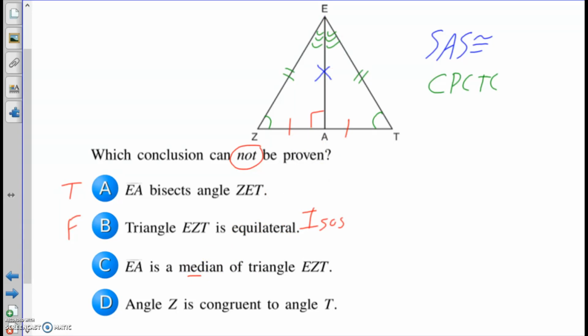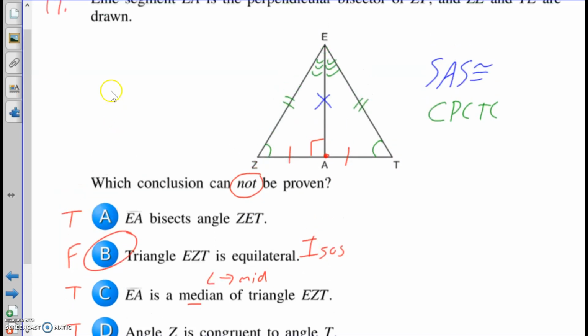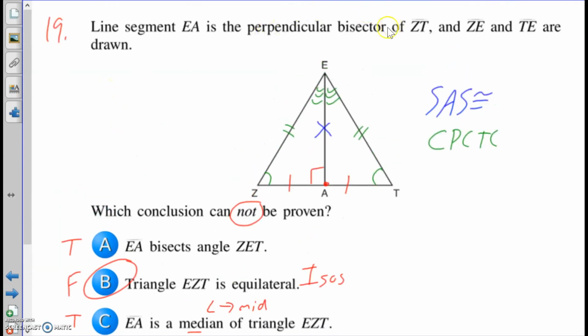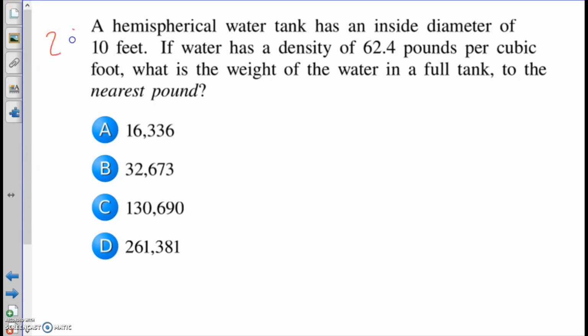Medians go from angle to midpoint, and this is going from an angle to a midpoint because it's bisecting, so that's of course true. Angle Z is congruent to T. That of course is also true, so it's that one. It's all about taking the information they give you and what else you can extrapolate from that, and check your choices. Be careful.